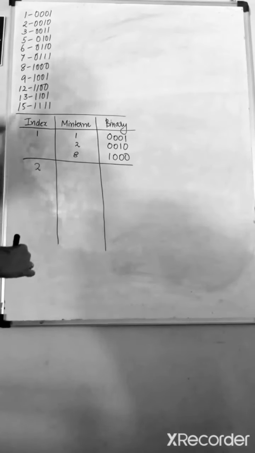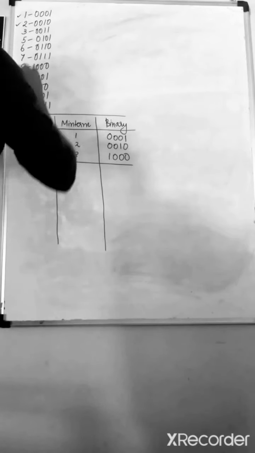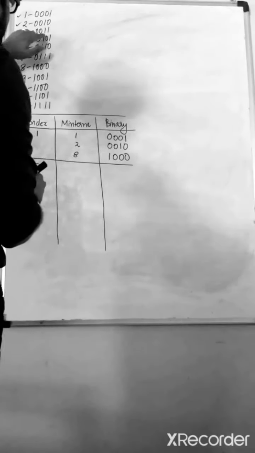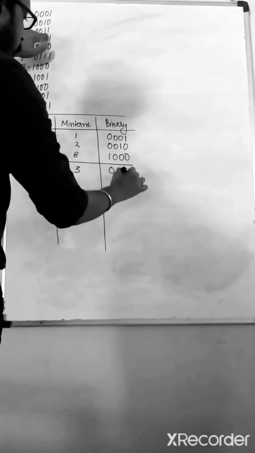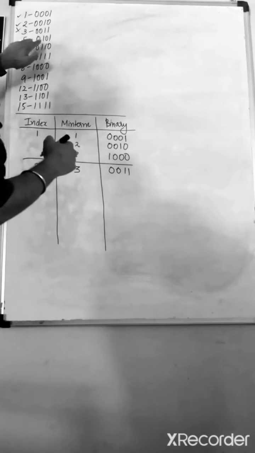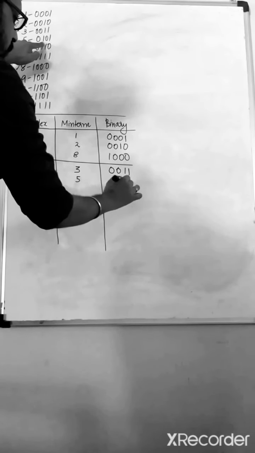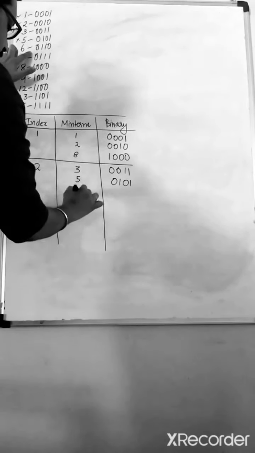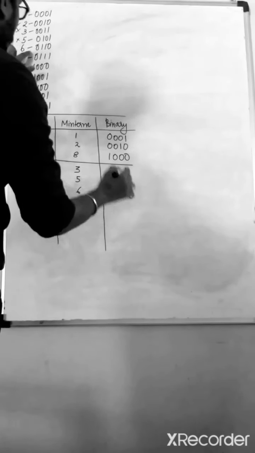Second group: 1, 2 and 8 are taken, and we go for two ones. We have 3 here, which is 0 0 1 1, and we put a mark. In 5 we have 0 1 0 1. In 6 we have 0 1 1 0.